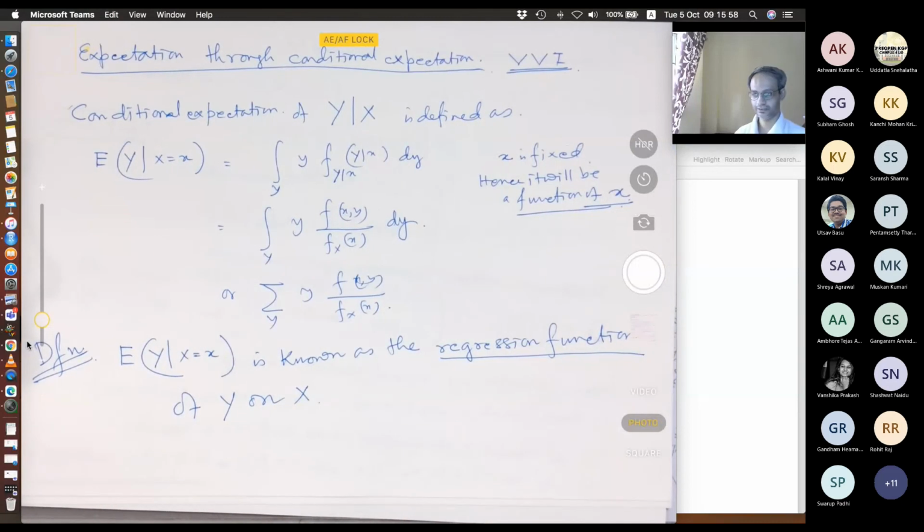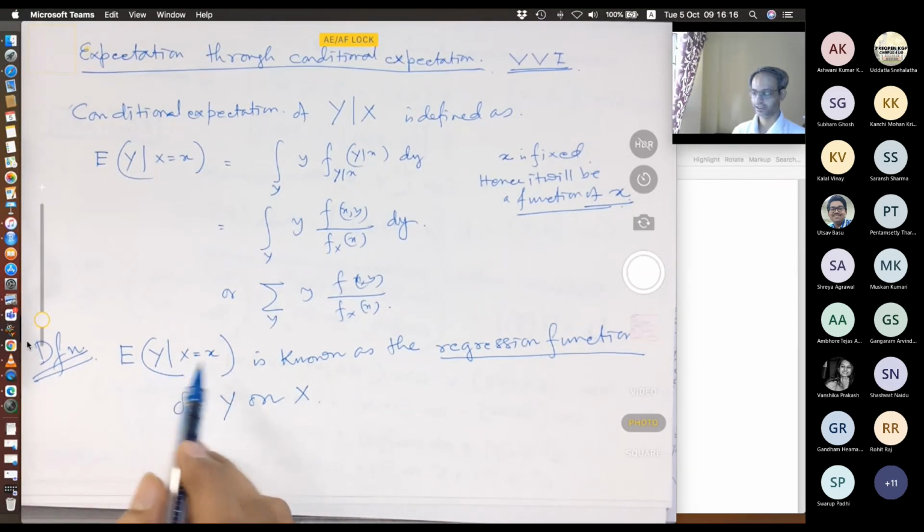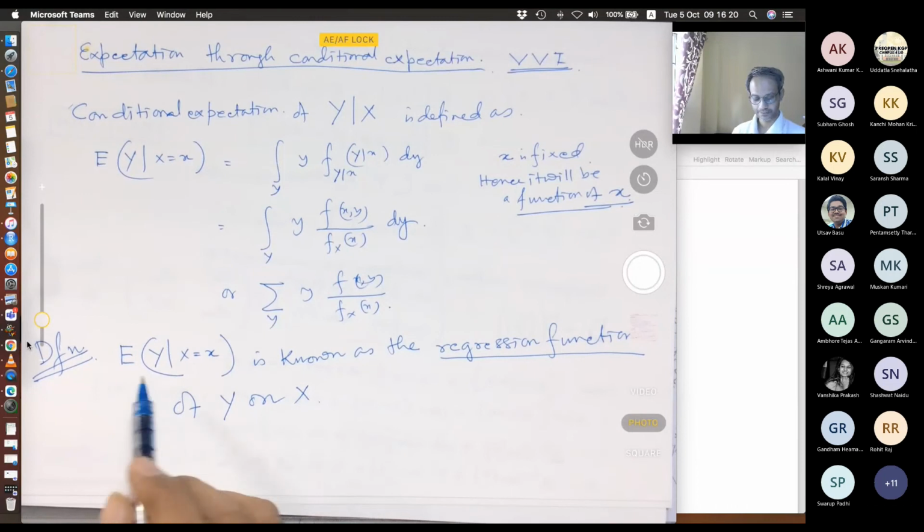It is also true that all of your seniors make a similar mistake: when the definition of regression is asked, they start with an example, and eventually that is a special case, not the definition. The definition of regression is that the conditional expectation of y given x is known as the regression of y on x. If you go the reverse way, expectation of x given y, that will be the regression of x on y.